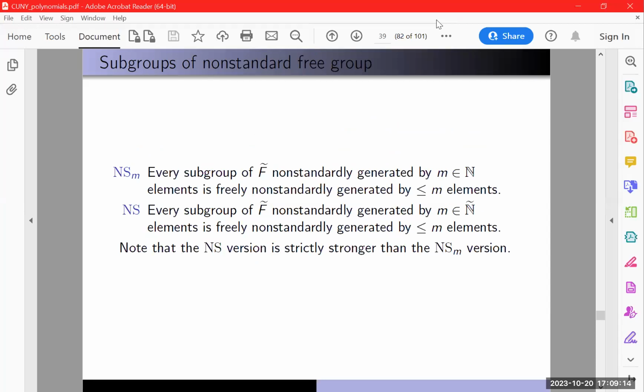If you just use separate variables a1 through am, then you get the statement that every finitely generated subgroup is non-standardly generated by at most m elements. And if you use tuples, you get the statement that every non-standardly generated subgroup is freely non-standardly generated by at most that many elements.